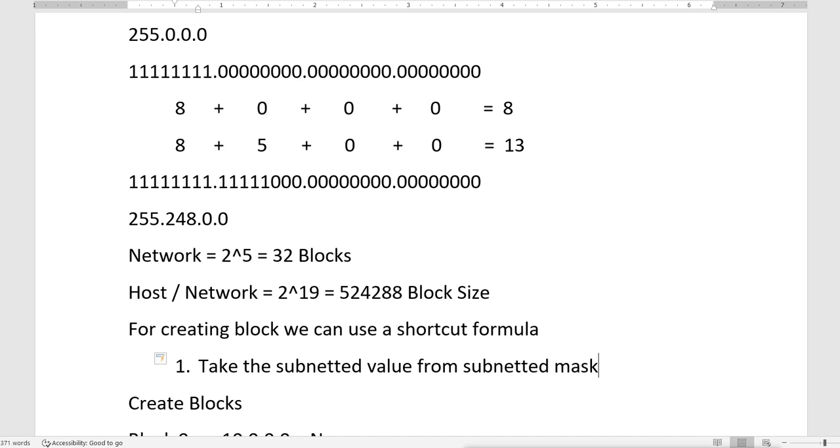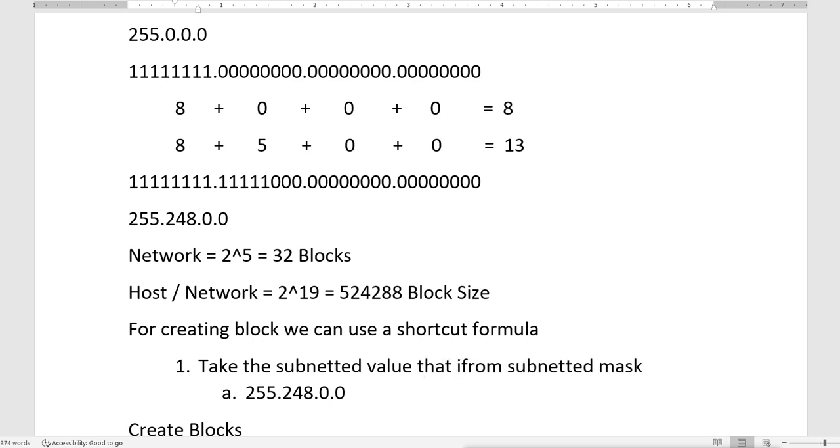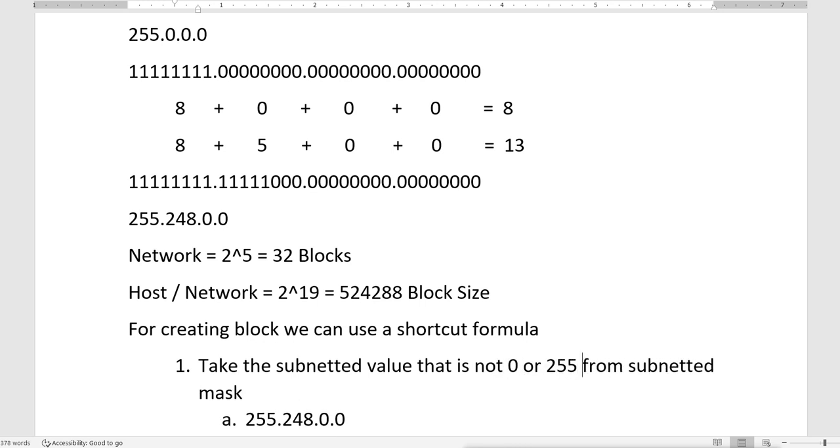What does that mean? The subnetted value is the value that is not 0 or 255.